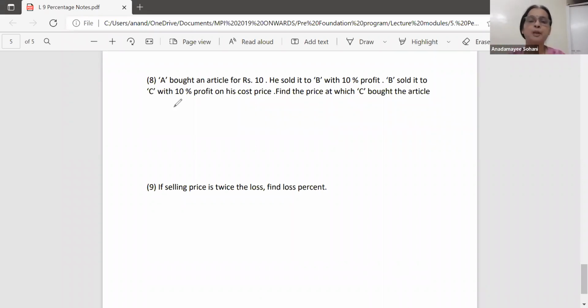Next question. A bought an article for rupees 10. He sold it to B with 10% profit. Now, what does 10% mean? It is 1/10, no? What is 1/10 of 10? 1 rupee.